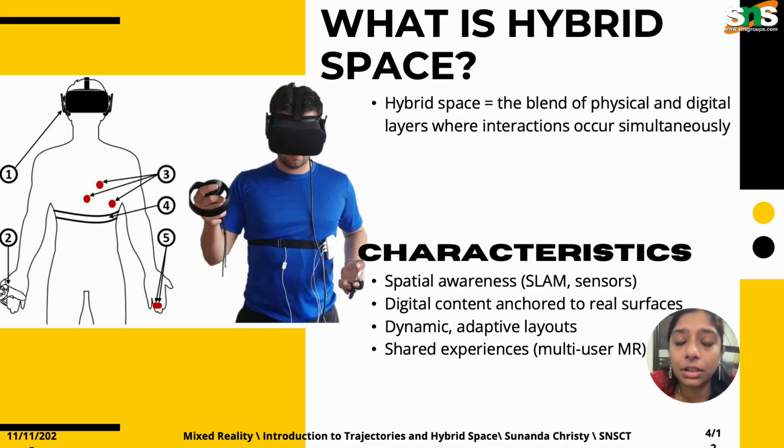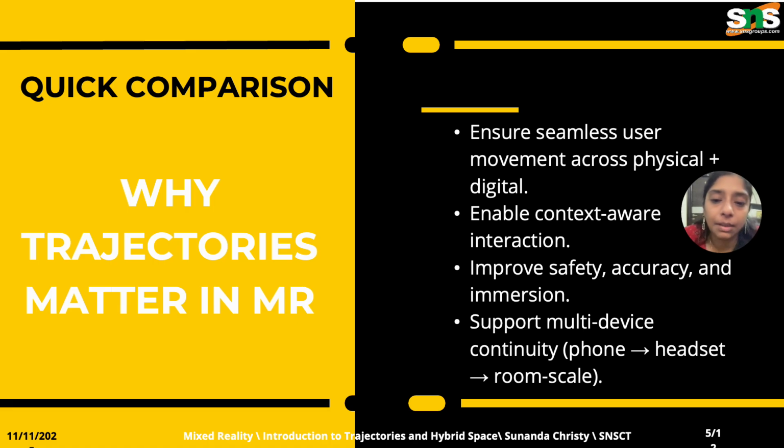It has a few characteristics: spatial awareness, like SLAM and sensors, digital content on real surfaces, dynamic adaptive layouts, and shared experiences. So in this way the hybrid space takes place.